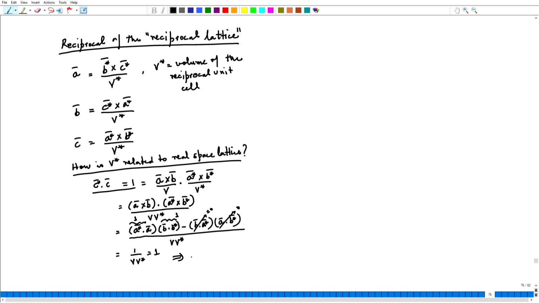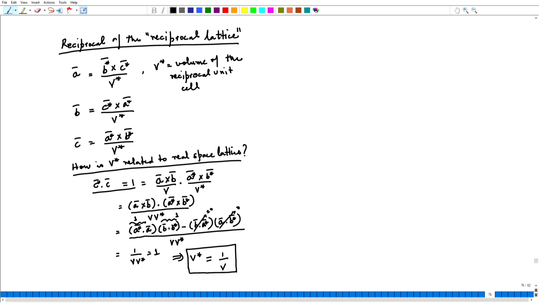This implies that the volume of the reciprocal unit cell is related to the volume of the real space unit cell through a reciprocal relationship. That is, V star would be equal to the reciprocal of the volume V of the real space lattice.